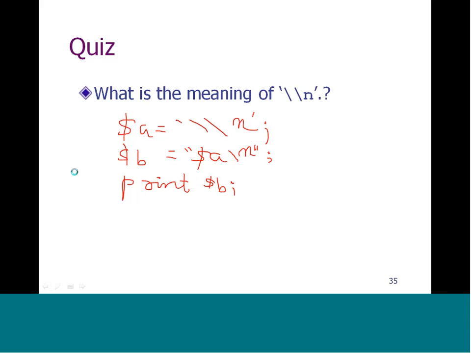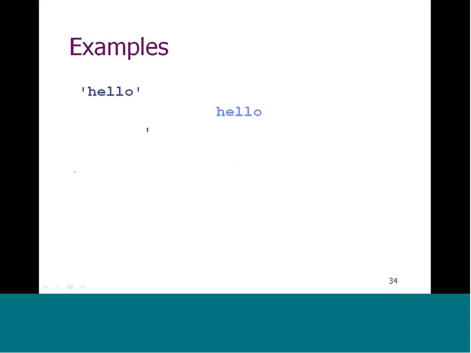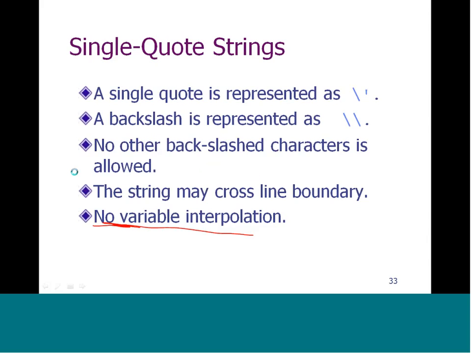We also started talking about strings, what kind of strings we can build, and the difference between a single quote and a double quote. The key difference is that the double quote will do variable interpolation, expanding all the variables, whereas a single quote won't.